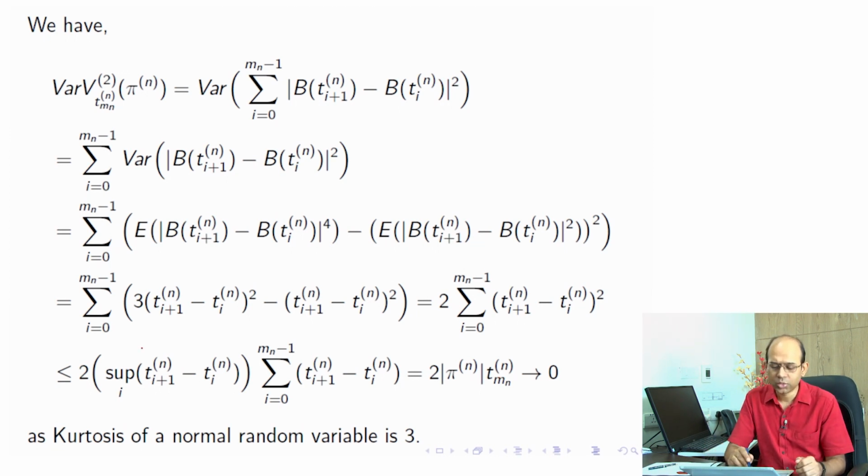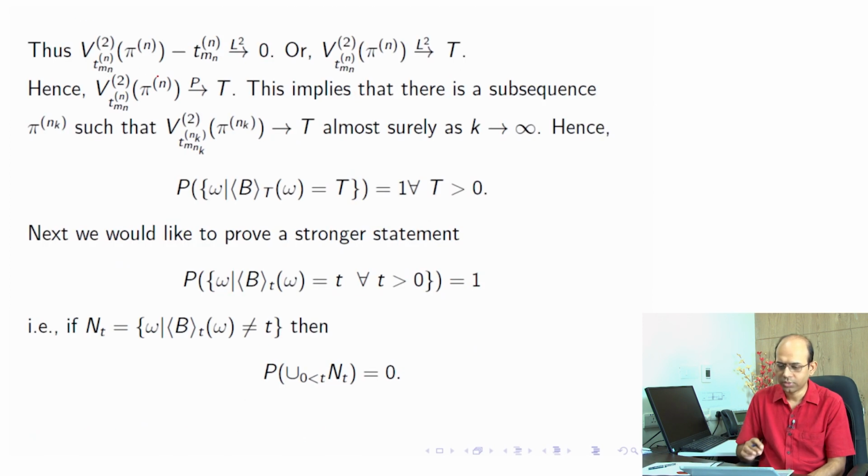On the other hand, this supremum over all possible i of the increment is actually the mesh size of the partition, and the mesh size of the partition by your choice goes to 0, correct? So this mesh size goes to 0, this part is bounded, therefore the product goes to 0. So what we have obtained is that the variance of the quadratic variation approximation along the partition goes to 0.